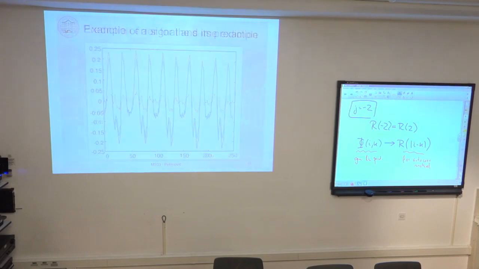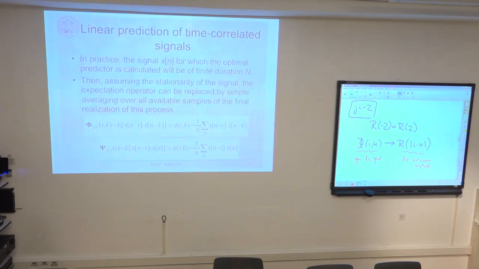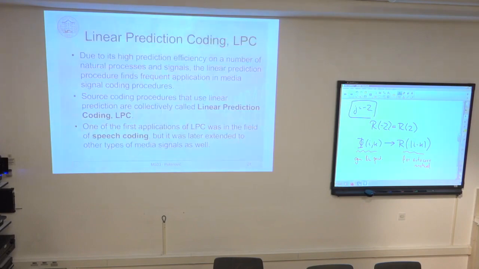Okay, I use 10 preceding samples to predict the green sample. And this kind of correlation is short-term correlation, and these are related to the shape of the vocal tract and its changes. So how the shape of the vocal tract changes during pronunciation of each sound. Okay, going back.